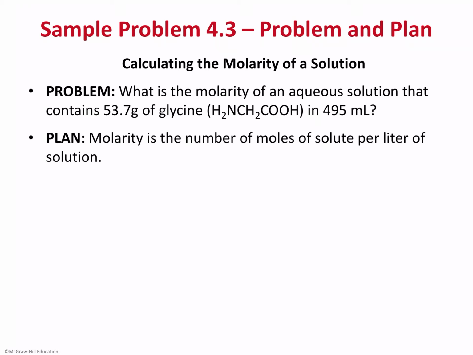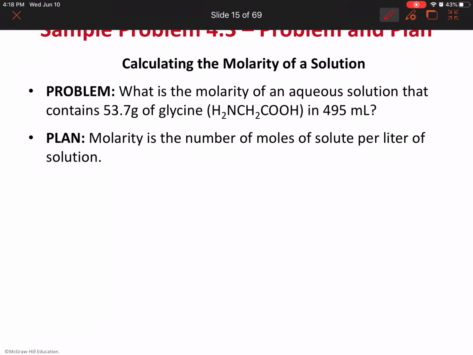Calculating the molarity of a solution. What is the molarity of an aqueous solution that contains 53.7 grams of glycine in 495 milliliters? Remember, molarity is given as moles over volume in liters.